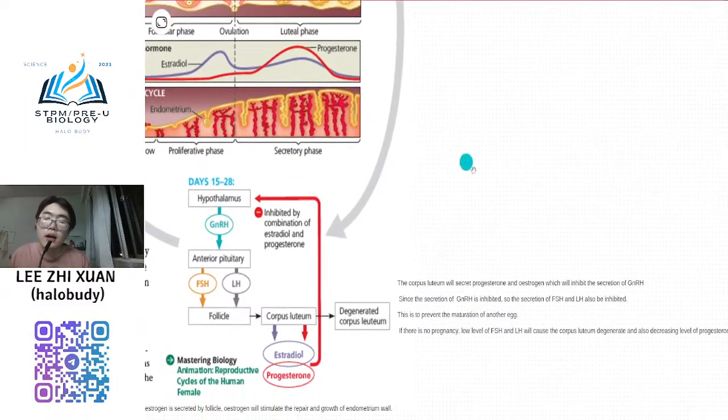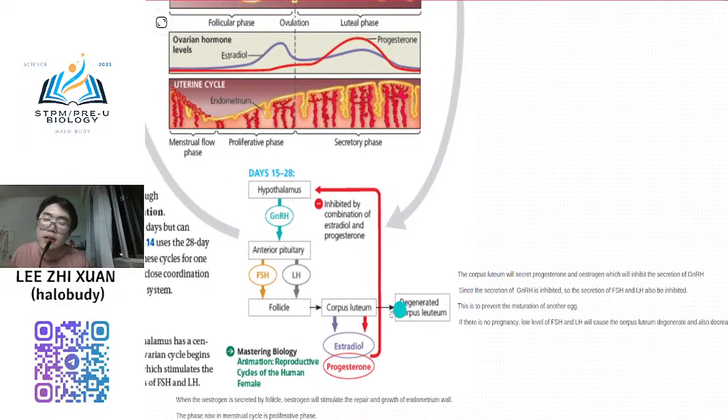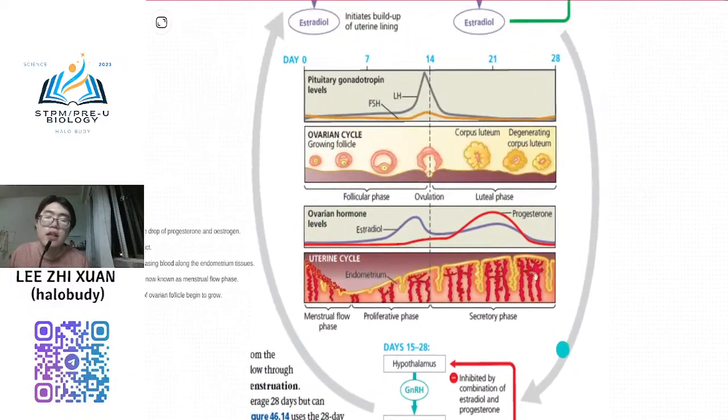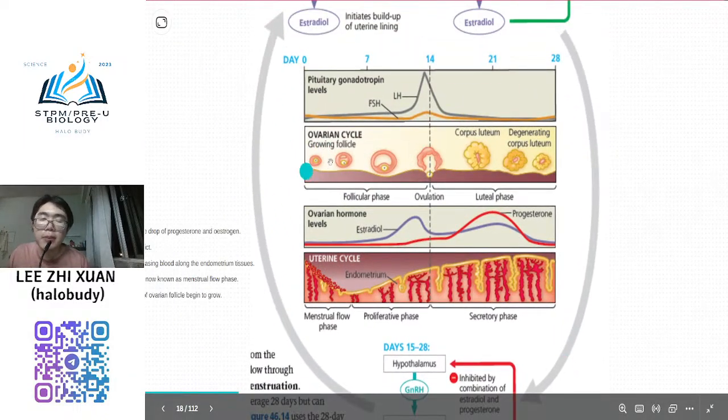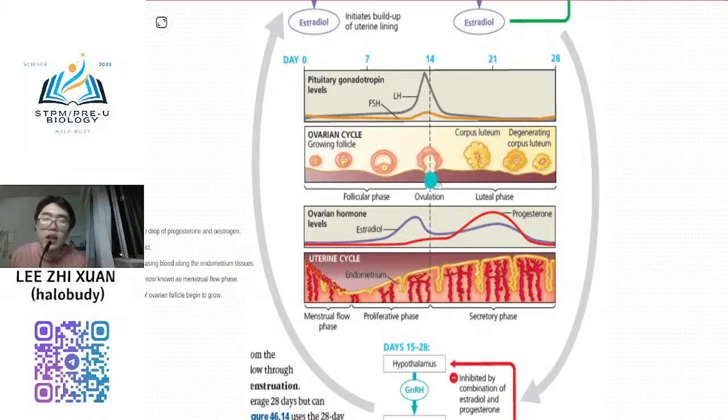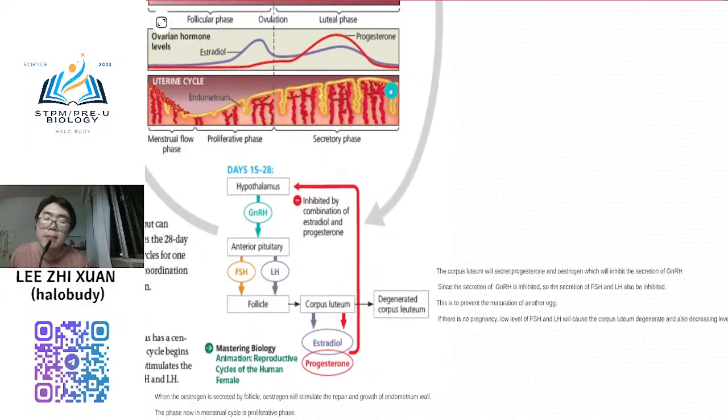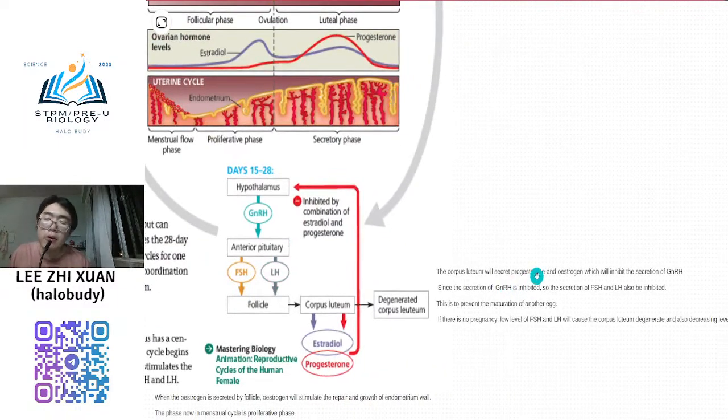So to inhibit the secretion of GnRH. So the corpus luteum will secrete the progesterone and estrogen, which will inhibit the secretion of GnRH, so as to prevent another cycle. So it needs to prevent another development of follicle and also the ovulation process. So the higher amount of progesterone and estrogen will inhibit the secretion of GnRH.